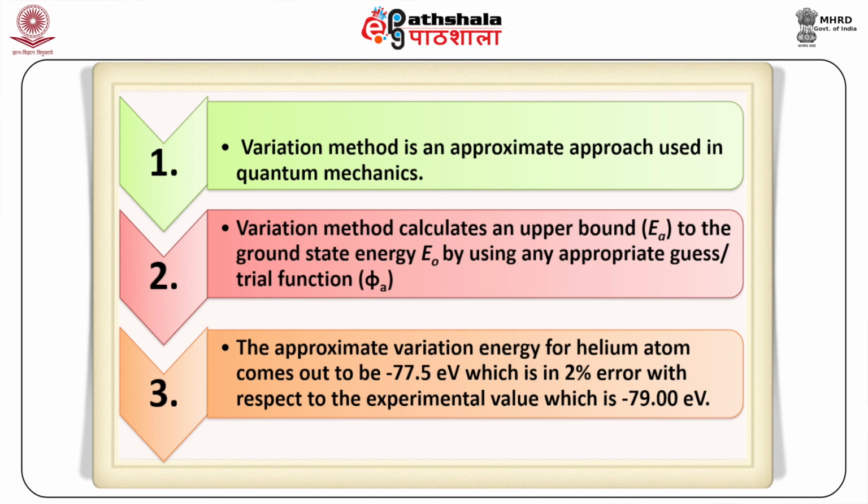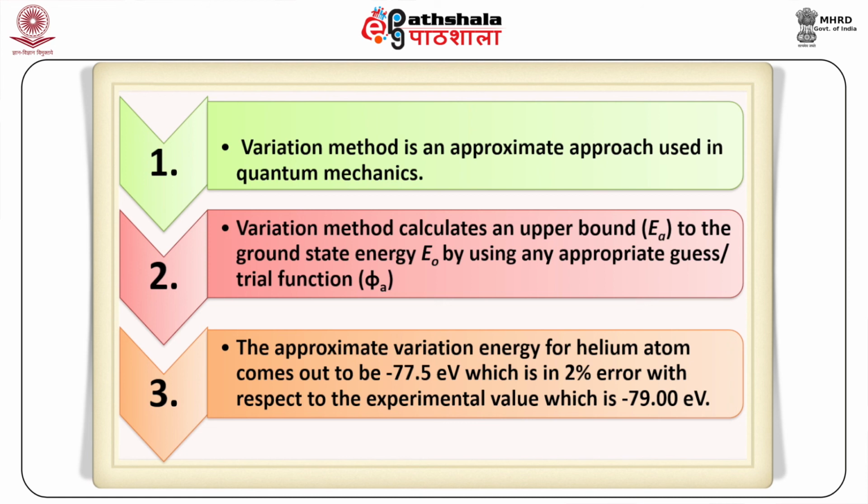Variation method is an approximate approach used in quantum mechanics to find eigenstates and eigenvalues of complex systems. In this module, we applied variation method to particle in a one-dimensional box to prove that variation method provides an upper bound to ground state energy. From this, we concluded that variation method calculates an upper bound Ea to ground state energy E naught by using any appropriate guess or trial function psi a.